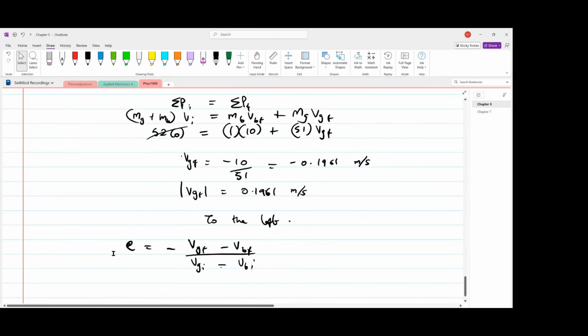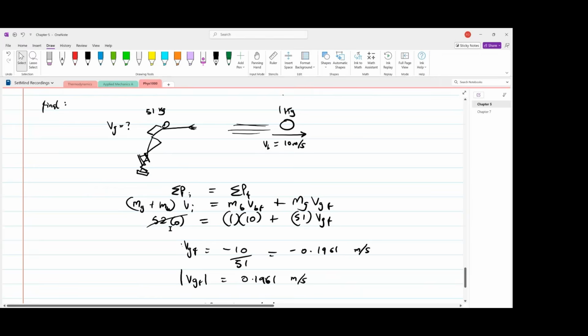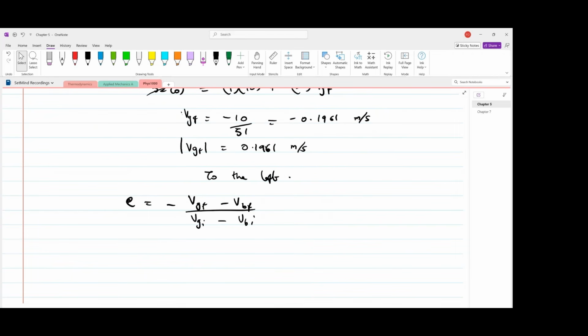Okay, so now looking at this, based on what you've seen here, what do you think the coefficient of restitution should be, just without calculating, just by looking at it?